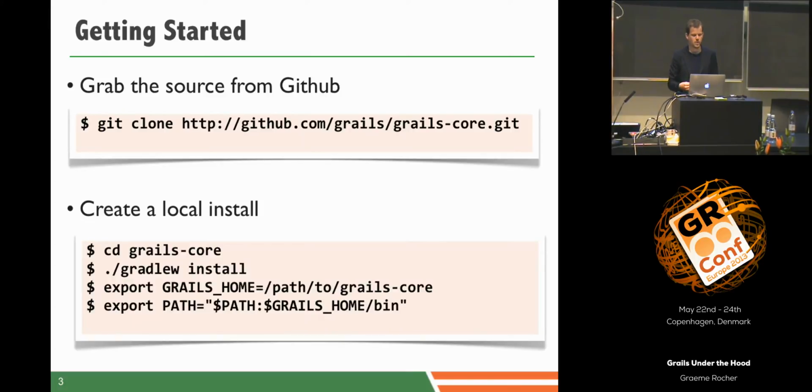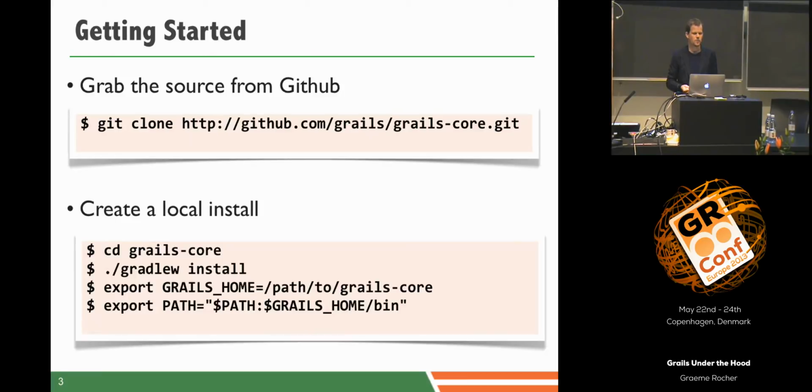That's typically a matter of cd into your local clone, running gradlew install. You don't actually have to have Gradle installed, you can just use the Gradle wrapper. Then all you have to do is set the GRAILS_HOME environment variable to where you created your clone, and add the bin directory to your path. And then you have a development version of Grails up and running.